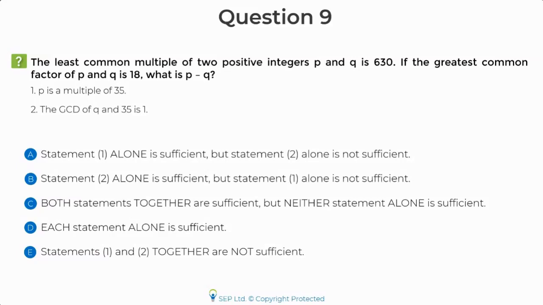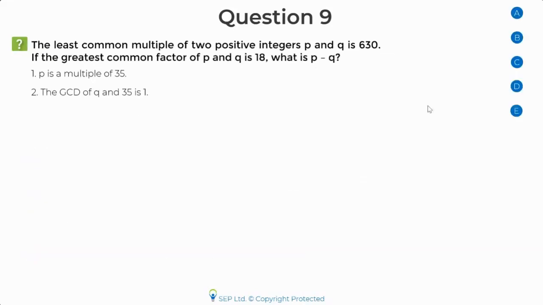But here, GMAT will be giving you the LCM GCD, and then they're going to ask you the value of P, or the value of Q, or P plus Q, and so on. But please understand, the process does not change a lot. The only thing in a 700 level question, if you would have noticed, is that a lot of inferential skill is needed to decide what to do next.